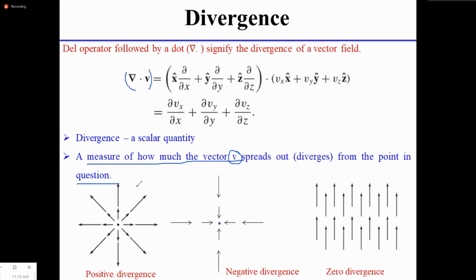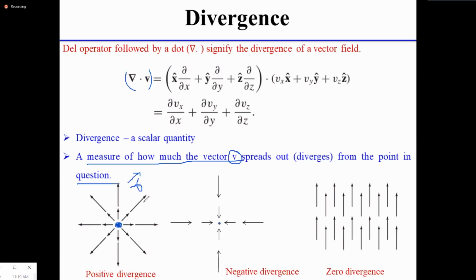We could even represent this function probably with an r function, whose value increases with increasing r. So we can understand here that at this point, the center, the function is diverging away from this point, or we can say that the function has got a positive finite divergence.